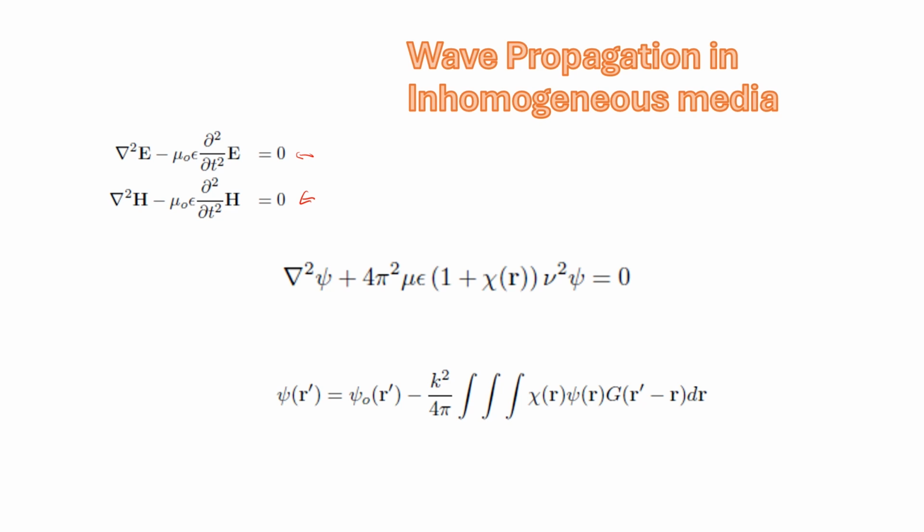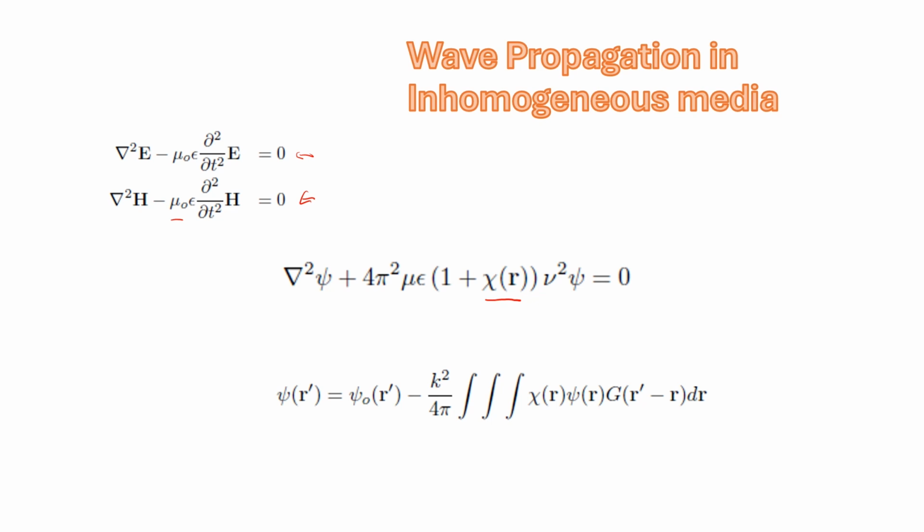We'll assume here that the magnetic moment is constant in the material, but the permittivity of the material varies, and so this is the electrical susceptibility, and this chi of r, that susceptibility, is the amplitude and phase of the scatter that we're going to try to reconstruct locally, the basic structure of the object.